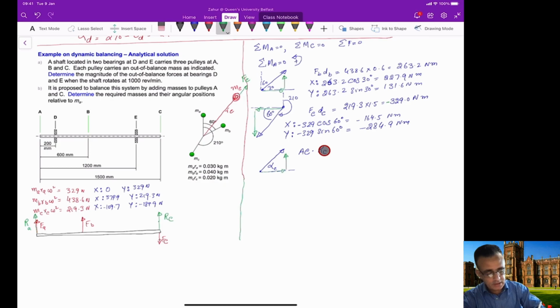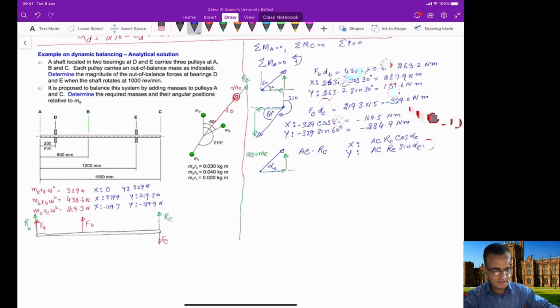So this is our assumed direction. If you calculate the X direction of it, that will be equal to AC RC cos of alpha C, and the Y component will be equal to AC RC sine of alpha C. So now we have all the information that we need for applying this condition here.